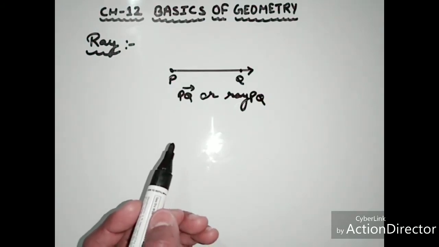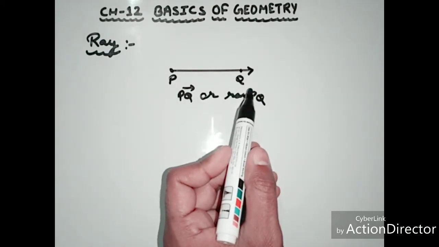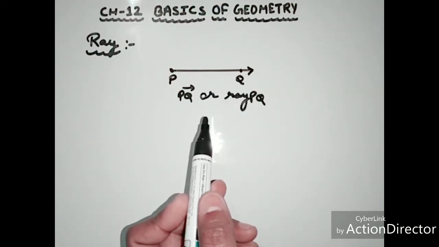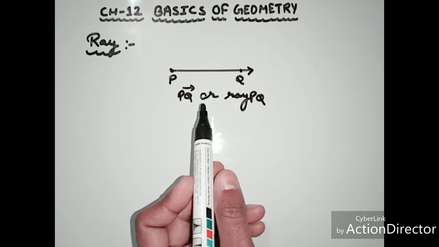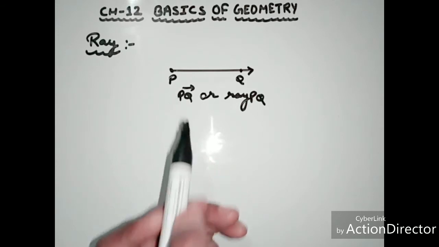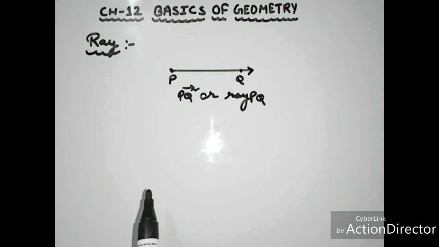This ray begins at point P and goes through point Q. It does not stop at point Q. Where the first letter is always the endpoint, and this is the symbol of a ray. Examples of rays are rays from the sun and rays of light coming from an electric bulb.